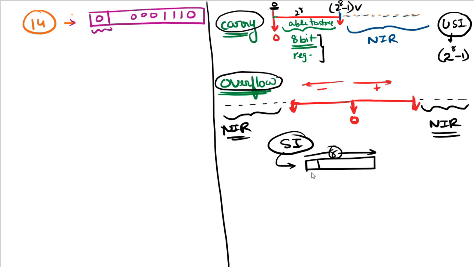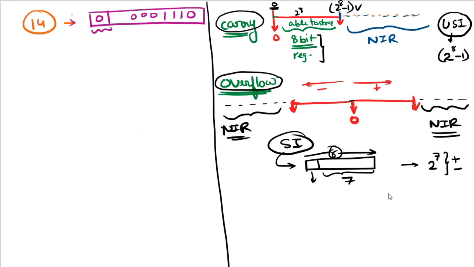So how many numbers can we represent? One is for sign, we can't use that. So we have 7 remaining bits, and using these 7 remaining bits we can represent 2 to the power 7 numbers. Now these 2 to the power 7 numbers can be positive and can be negative.